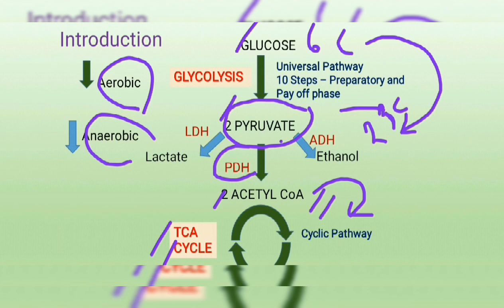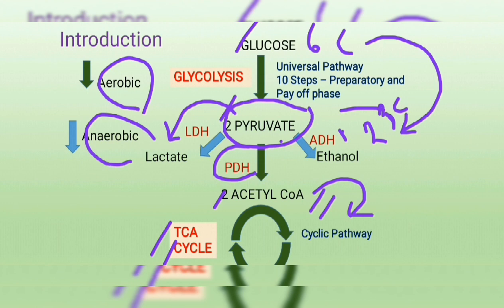So what happens when there is an imbalance of oxygen in the cells? The pyruvate is converted into lactate with the help of the enzyme lactate dehydrogenase. Whereas in yeast and other microorganisms, this 3-carbon compound, pyruvate, is converted into ethanol with the help of the enzyme alcohol dehydrogenase.